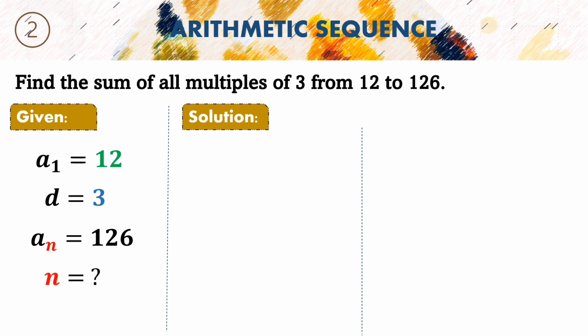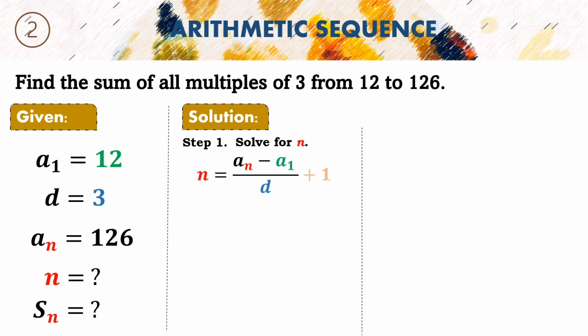And we don't know how many there are from 12 to 126 that are multiples of 3. So we cannot directly get the sum of n terms. Let's find how many terms are to be added. Therefore, we need to solve for n. That's our step 1.